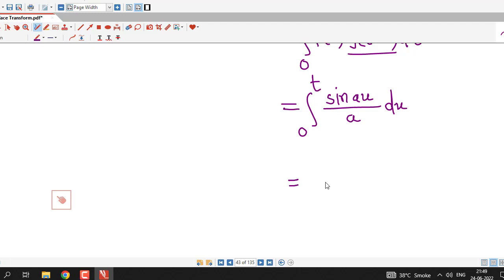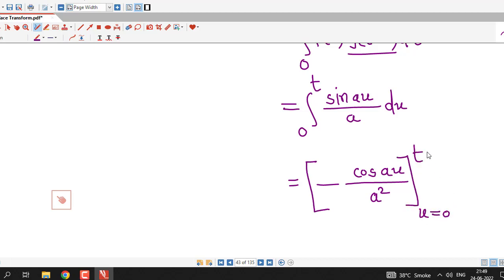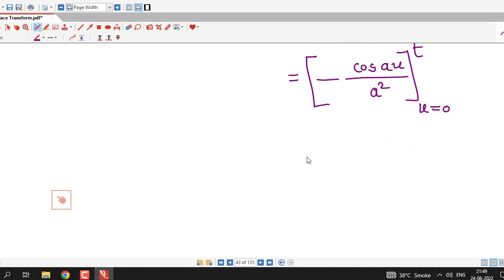Now integral of sin au is minus cos au divided by a, and there is already 1 by a, so we write a square. Limits of u are from u equal to 0 to u equal to t. First we take u equal to t, that is minus cos at divided by a square. This is for upper limit u equal to t, minus of this at u equal to 0.